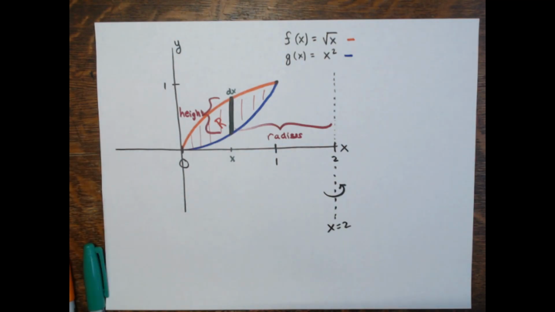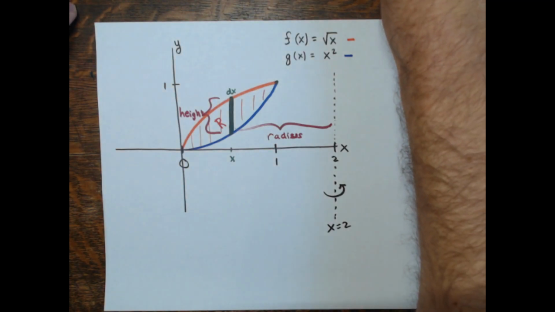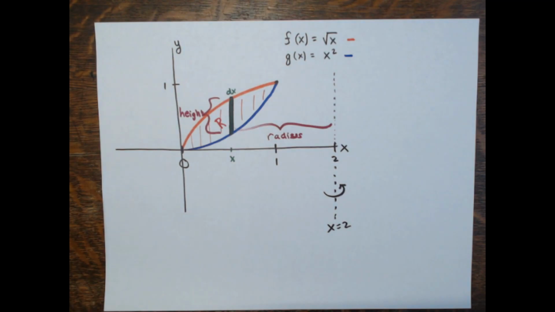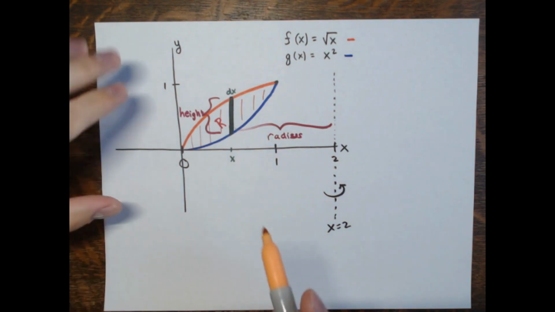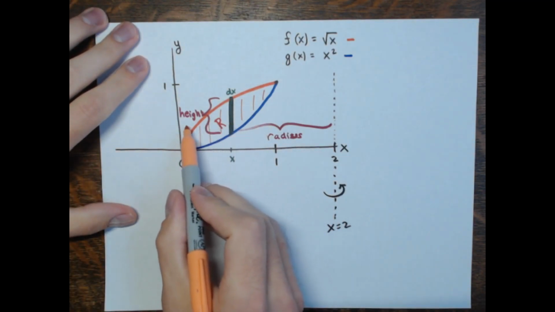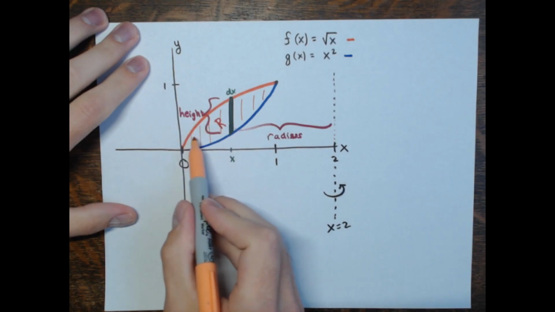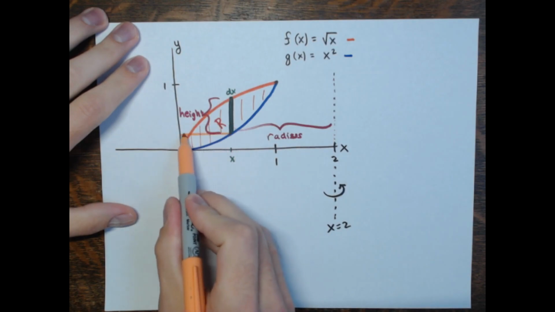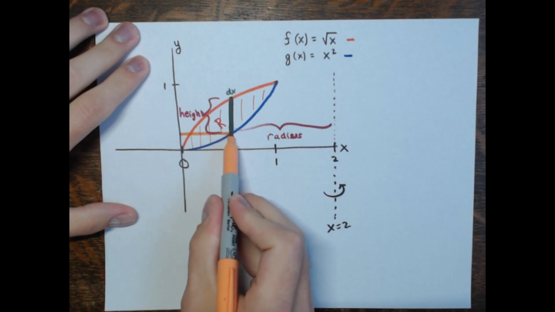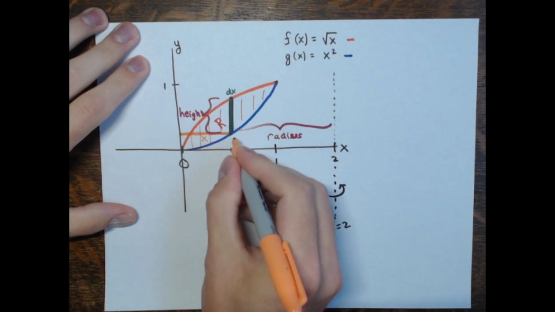Okay, well, for the radius, take a different color here. See if this shows up. Normally I would go from the y-axis, so this distance here to my rectangle is just the x coordinate I chose.